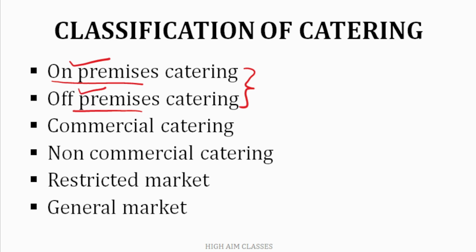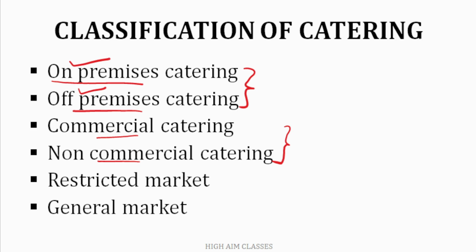Then we have, on the basis of the motive of making money or business, two sections: commercial catering, where our motive is to make money, and non-commercial catering, where our motive is not to make money.